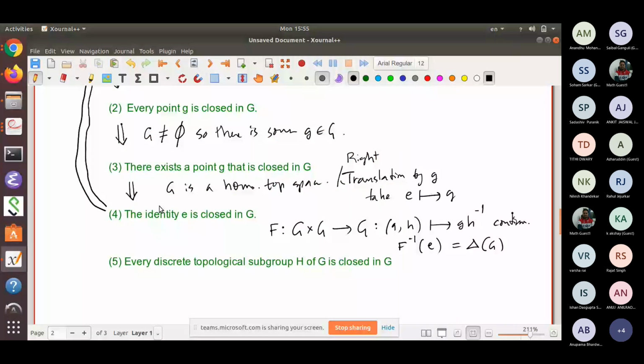Now let's go from here to here. If the identity is closed, then every discrete topological subgroup H of G is closed in G, or actually we have proved it last time.